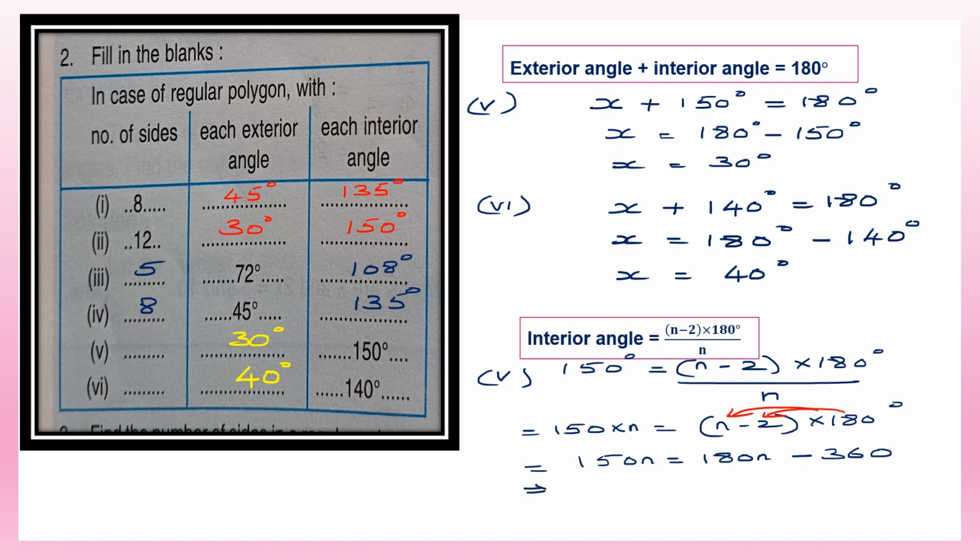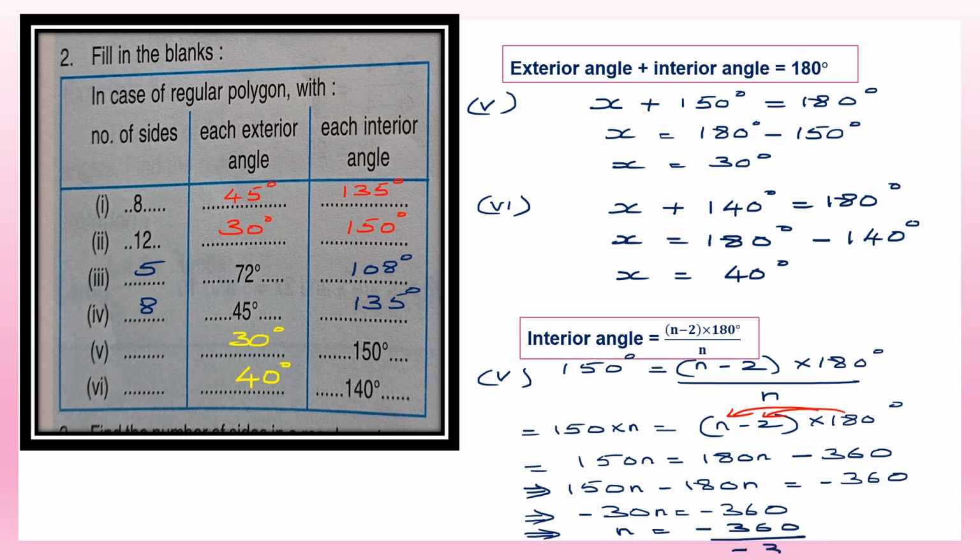Now if I bring the n's to one side, it is 150n minus 180n is equal to minus 360. This will be minus 30n is equal to minus 360. Therefore, n is equal to minus 360 divided by minus 30. We can cancel the minus signs, cancel the zeros. 36 divided by 3 is 12. 12 threes are 36. So the number of sides is 12 for the fifth one.